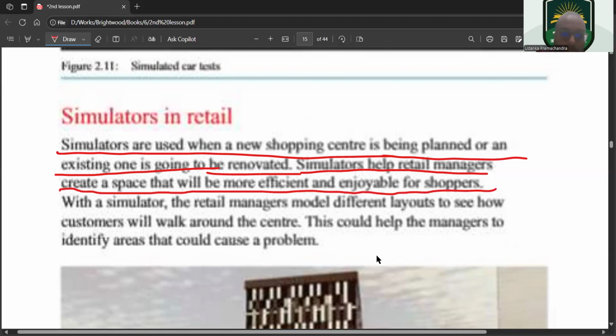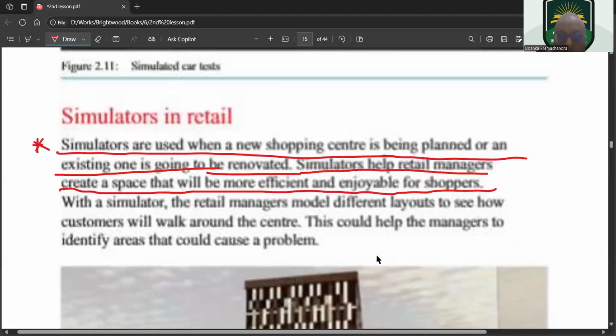So before it is introduced to the customers, they use simulator systems.